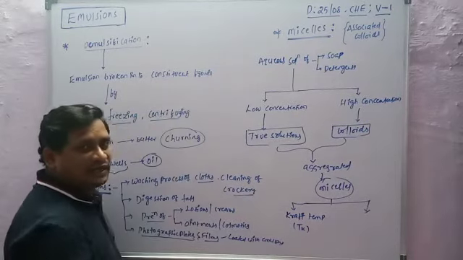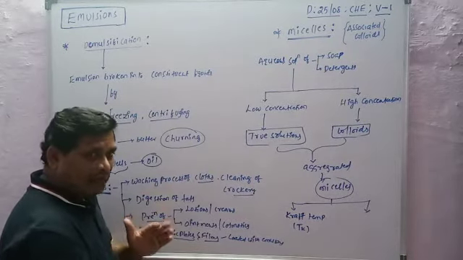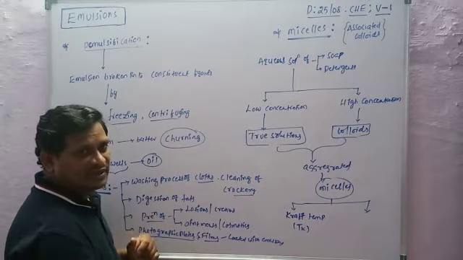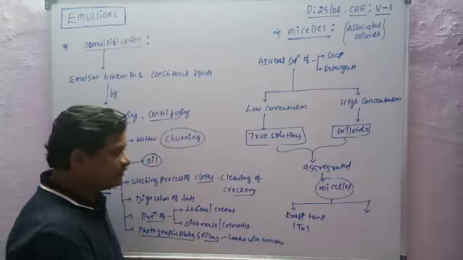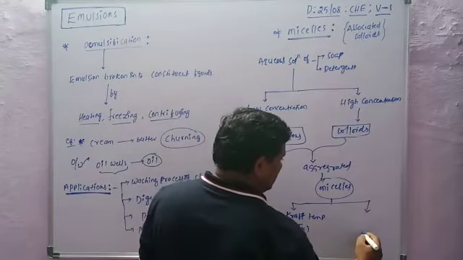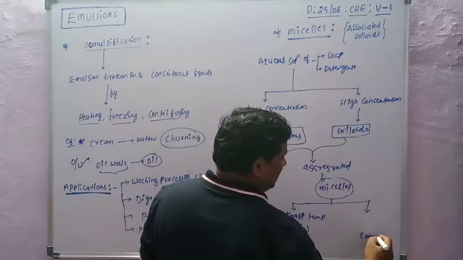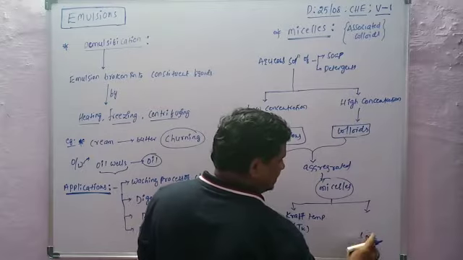The concentration above which micelle formation occurs is called simply CMC, critical micelle concentration.